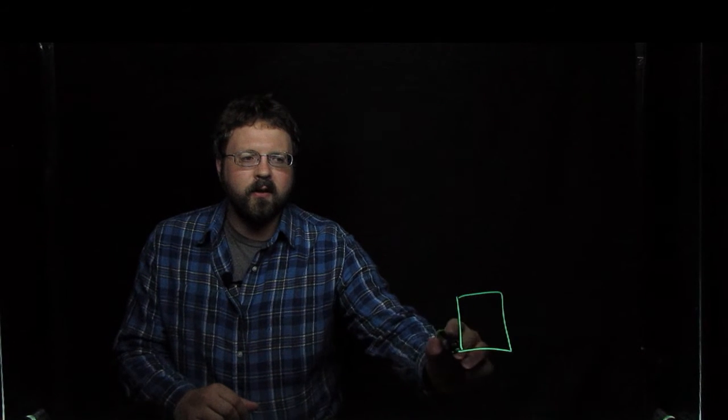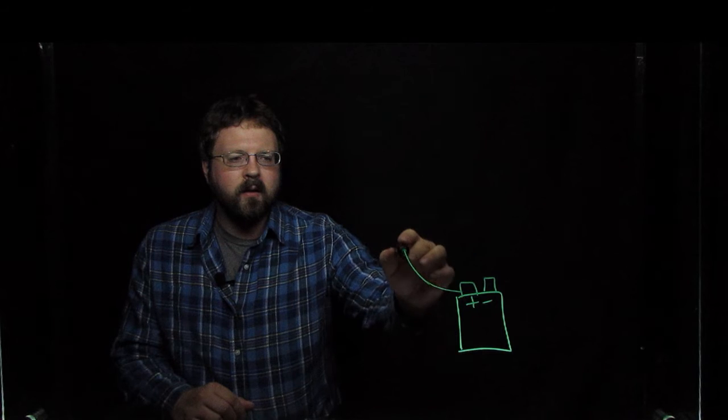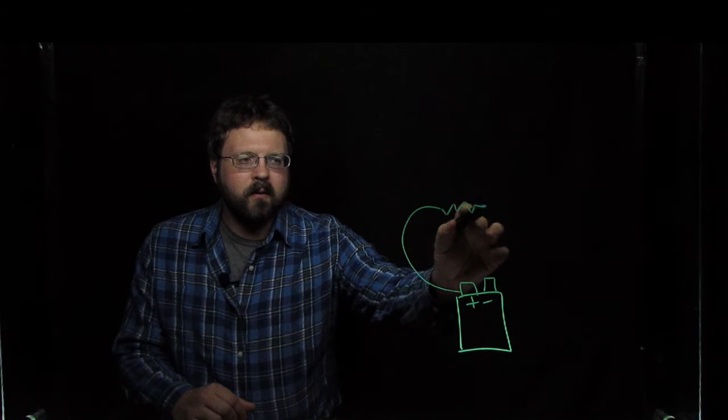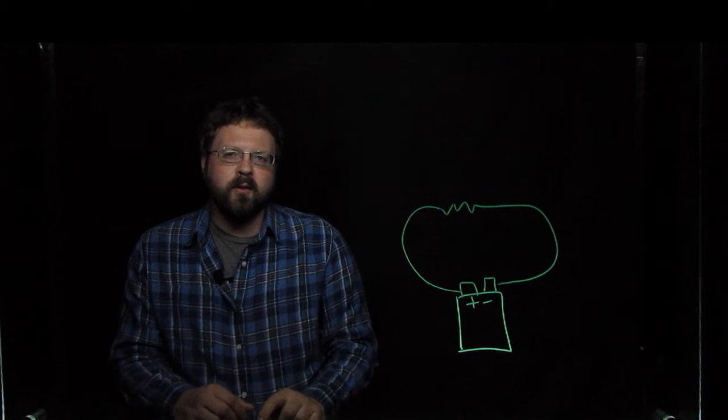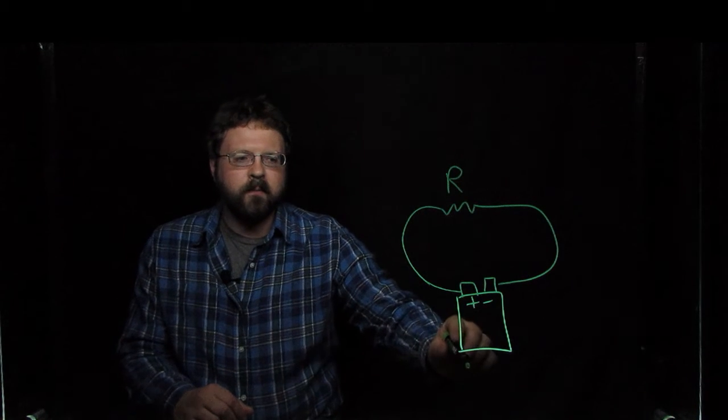So you'll recall from our last video that one of the simplest circuits we can do is a battery, of course, has positive and negative terminals, and a wire connecting those two terminals through a resistor.